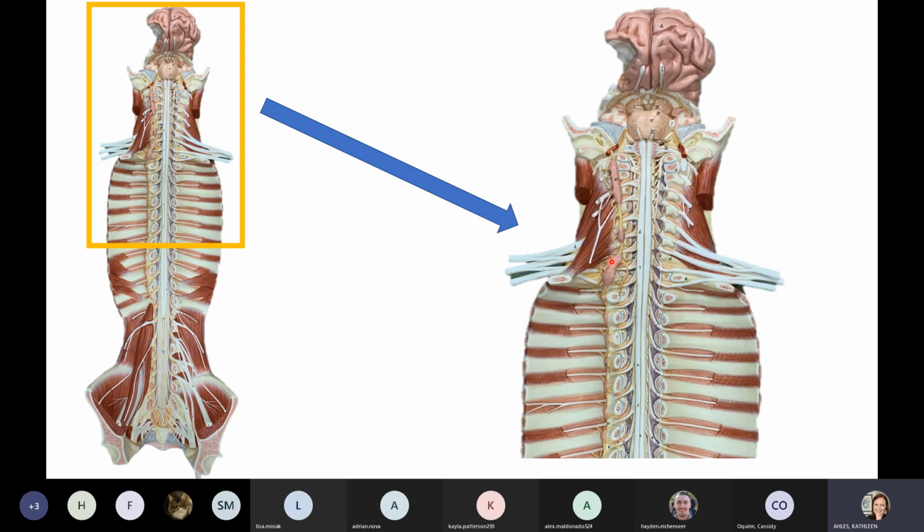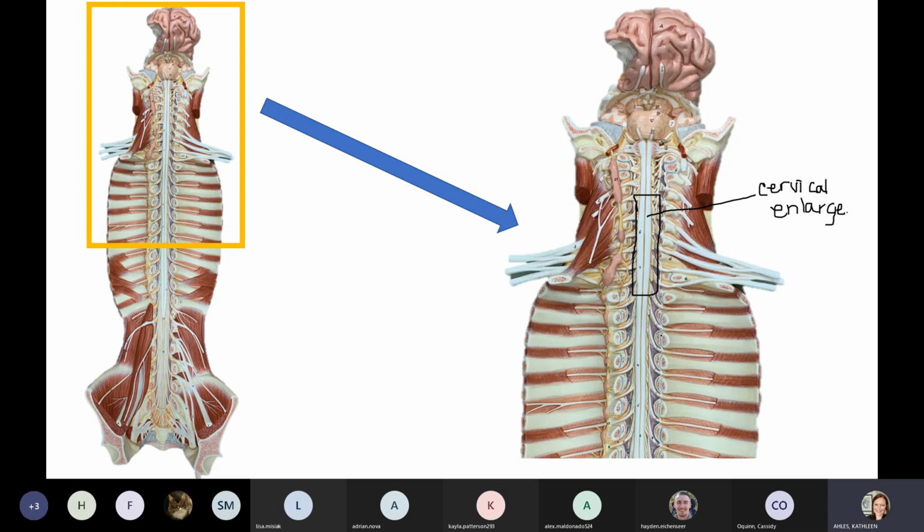I'm going to go to my zoomed in picture to highlight the first place where the spinal cord is bigger than usual. This space up here is called the cervical enlargement. It's the place in the neck region, the cervical region, where the spinal cord is wider because it has a lot more neurons there.